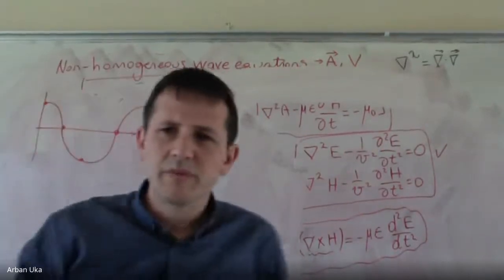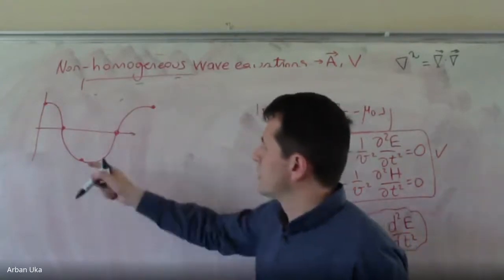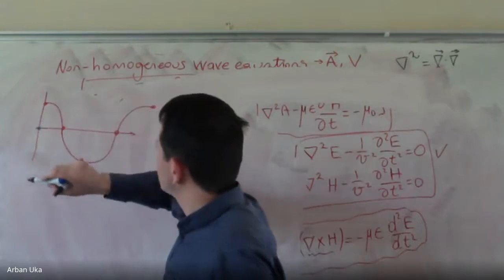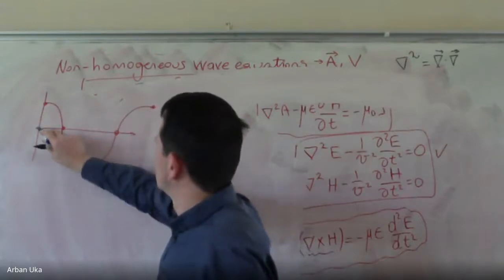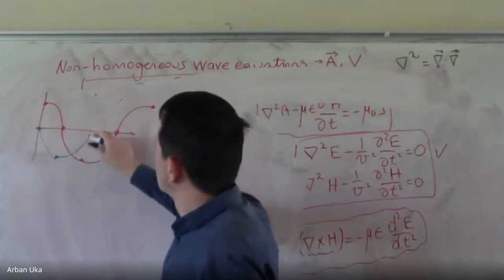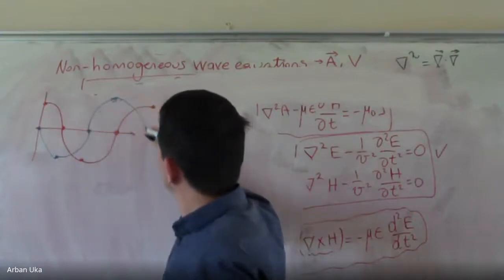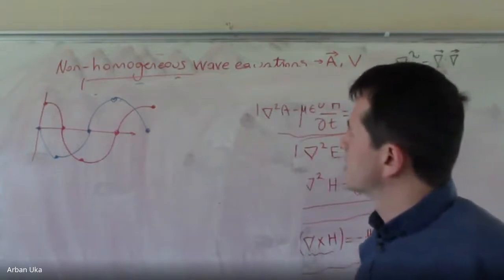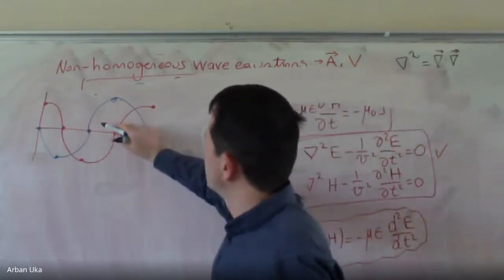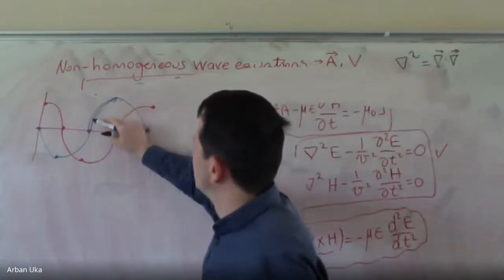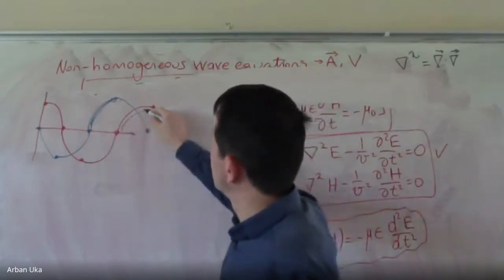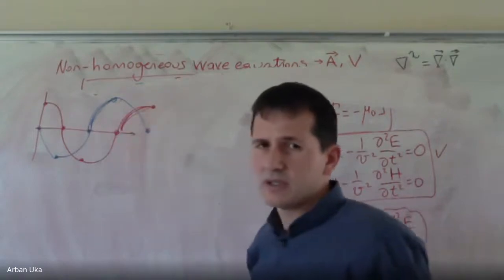I don't remember exactly what the graphs looked like, but let's assume that they're changing like this. If we see these two quantities, we notice that one of them is leading the other. In this case, the blue line is leading the red line. So they are shifted.